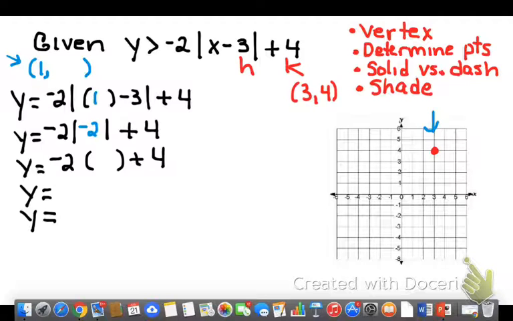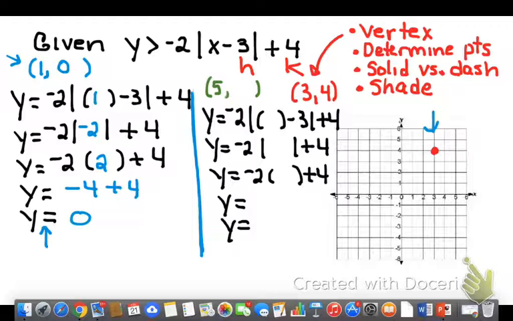The absolute value of negative 2 is a positive 2, and negative 2 times 2 is negative 4, plus 4, so y is equal to 0. So when x equals 1, y is equal to 0. And you'll notice that I put equal signs here since I was solving for y.